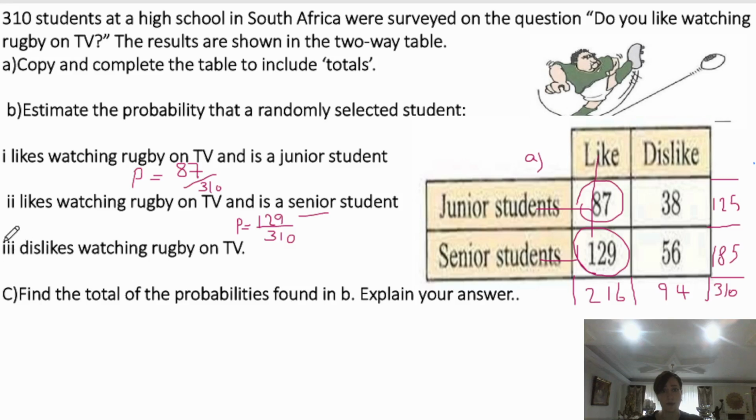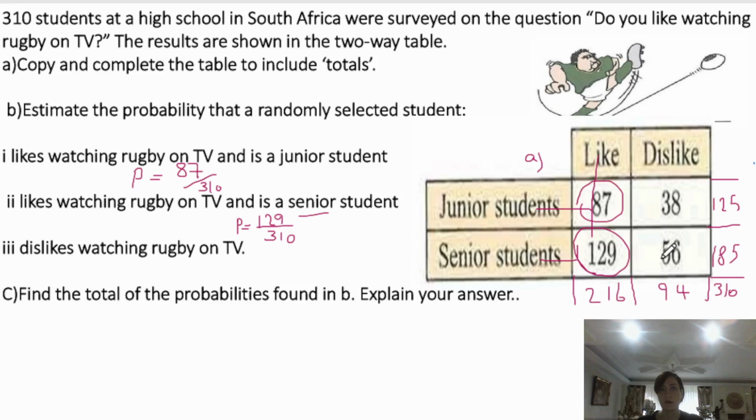So I will go for part 3. Dislike watching rugby on TV. Oh, only dislike. It doesn't mention senior or junior. So for dislike, I only go for column 2.